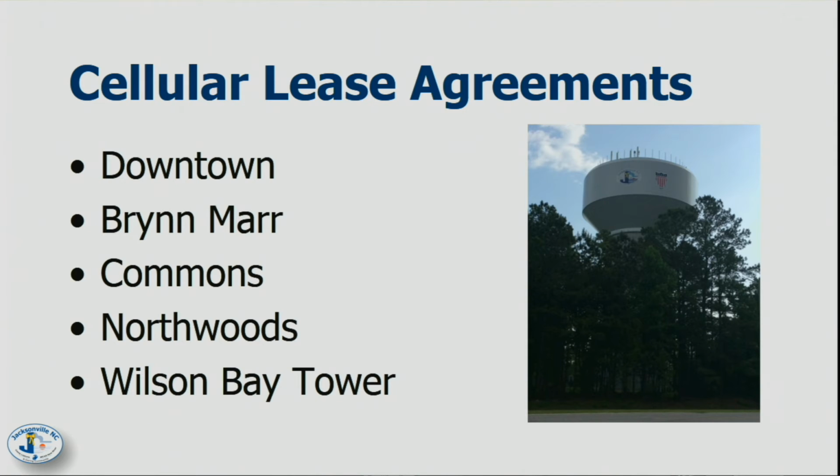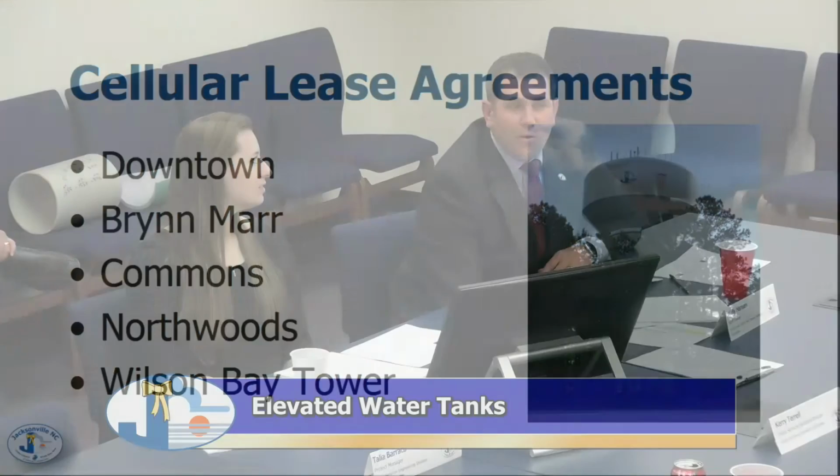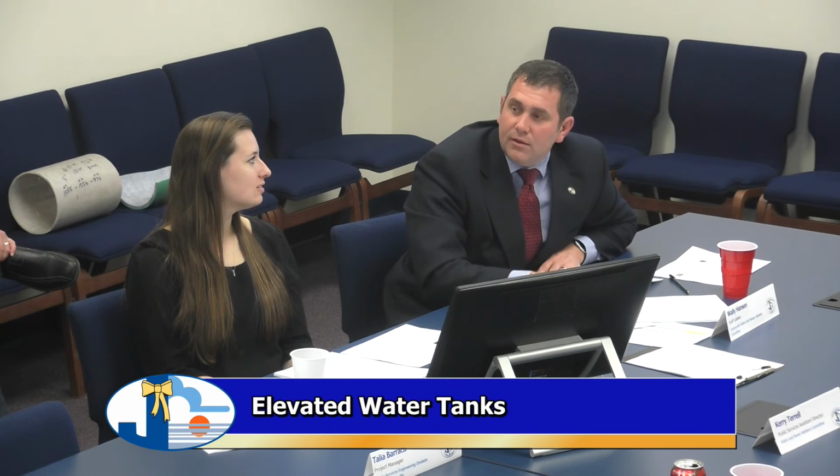The tanks that we currently have cellular leases on include the downtown tank, the Bryn Mawr tank, the Commons tank, the Northwoods tank that Mr. Dorn just mentioned. That's why he has good cellular coverage. And then we have what's called the Wilson Bay Tower. I more affectionately call that one the Public Services Complex Tower because it's the tower in the Public Services Complex.